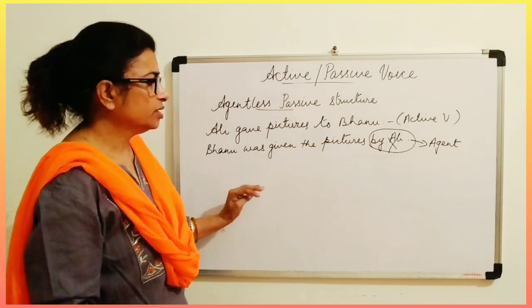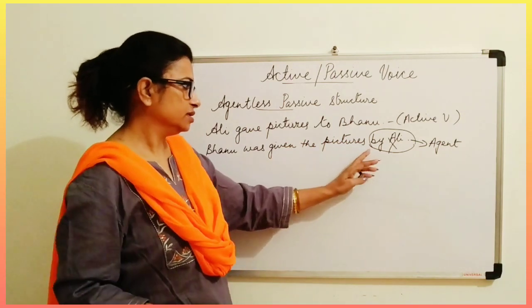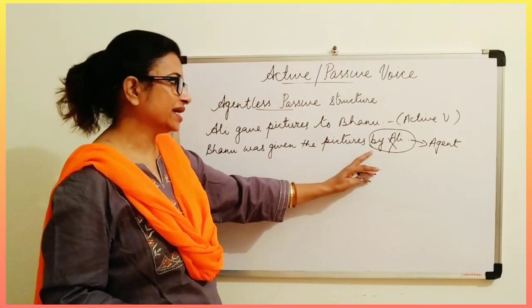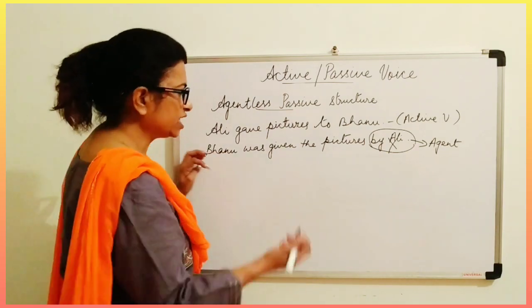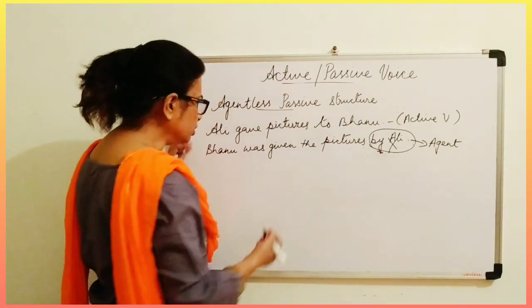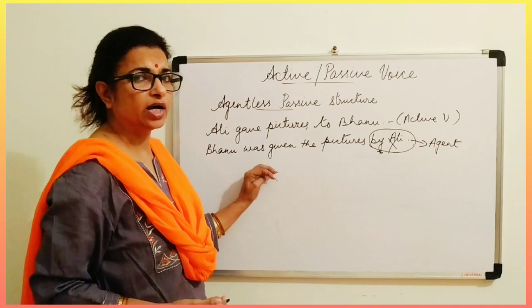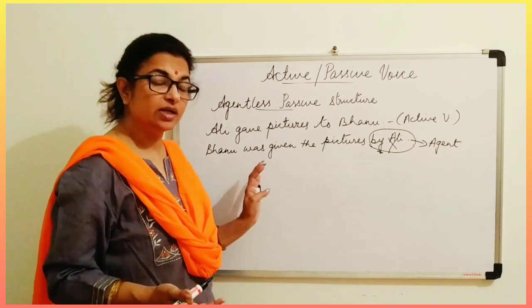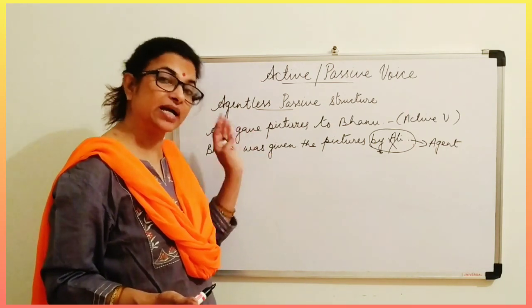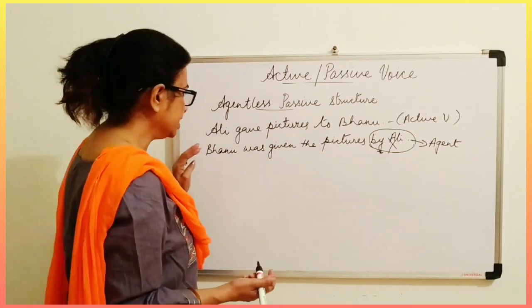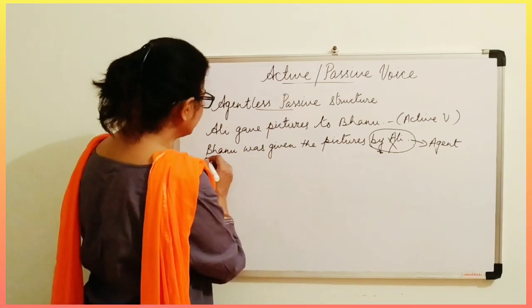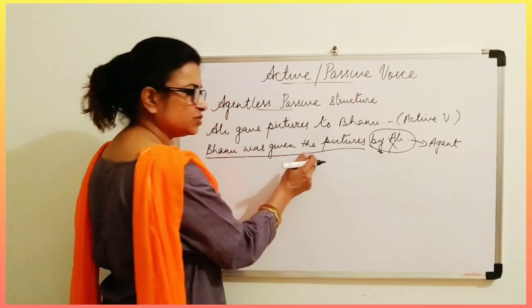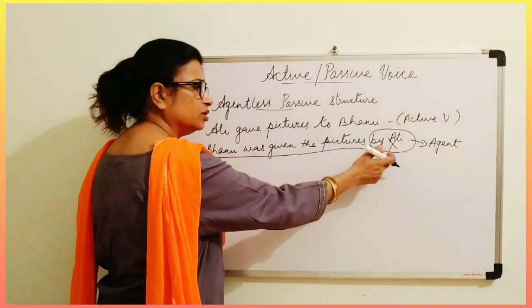And why? Many a times we don't mention the agent. Why? Because actually it is not important. Now who is giving pictures to Bhanu is not important, but Bhanu is being given the pictures, that is more important. So it is just to put emphasis on this work. This work is more important than who is giving.